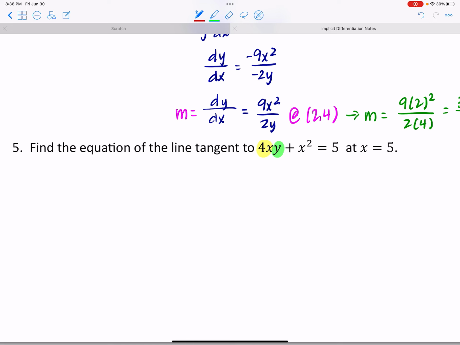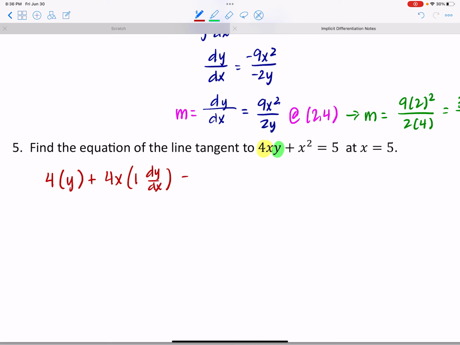So I need f prime g plus fg prime. So f prime would be 4 times g would just be y plus f is 4x, and then g prime, the derivative of y would just be 1, and then we get a dy dx there.